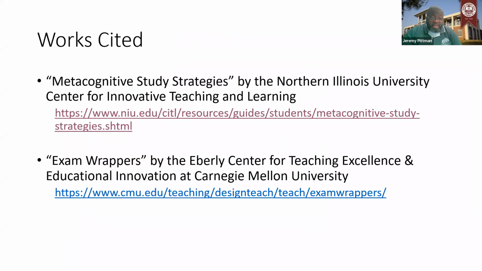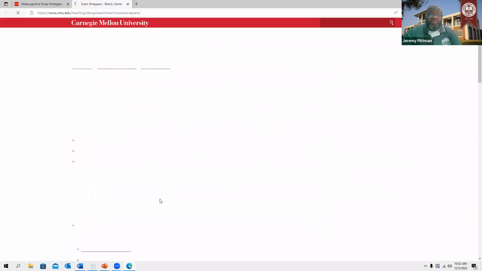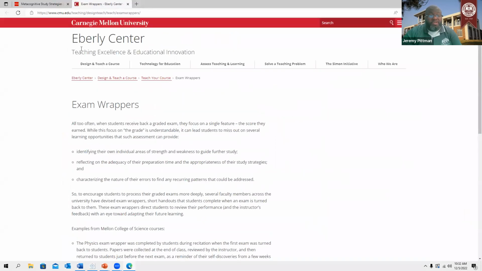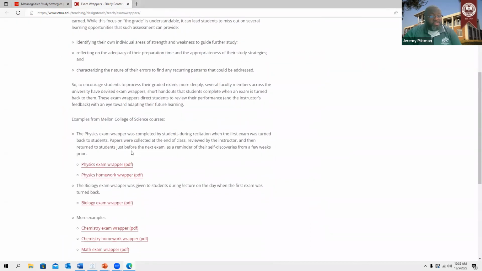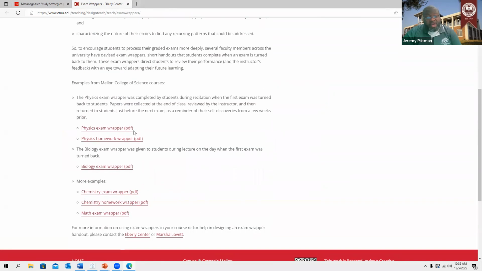But the second link, if you want to read a little bit more about exam wrappers, then you have Carnegie Mellon University's Eberly Center. That's their teaching excellence and educational innovation. And there are some great examples here of exam wrappers. I will tell you that I have adapted my particular exam wrapper utilizing this particular website.